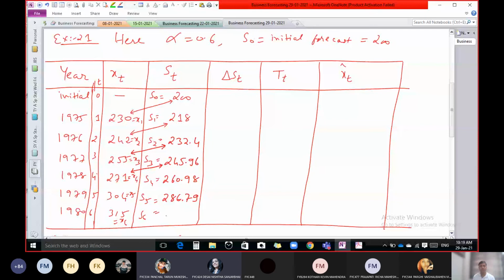And the last calculation: 315 minus 286.79 into 0.6 plus 286.79. 303.72. Over. So this is the way to calculate the smoothing value at time t.